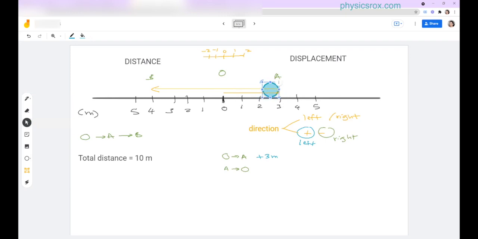It's going from 3 back to 0. So going to the left is negative. You can write it as -3 meters. Then from O, keep going back towards B. So O to B is going to the left. So this becomes -4 meters.